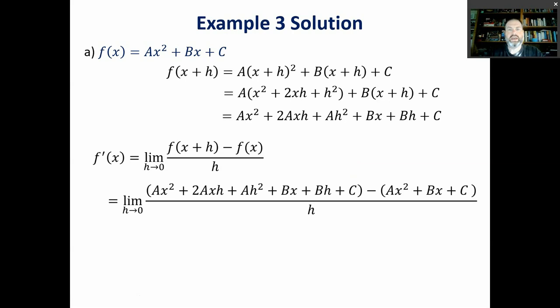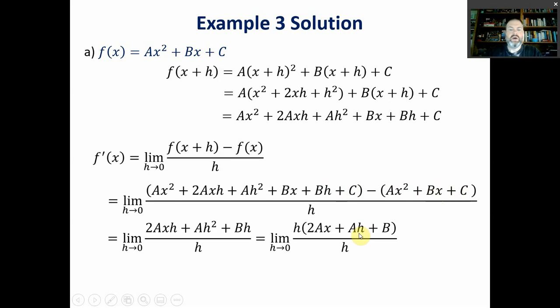Now I'm ready to get stuff to cancel. What should cancel in the numerator? We need enough stuff to cancel, so this h goes away. It turns out everything that doesn't have an h will go away. Here's ax squared minus ax squared. That ax squared is going to go away. Here's a bx minus bx. That's going to go away. Plus c minus c.